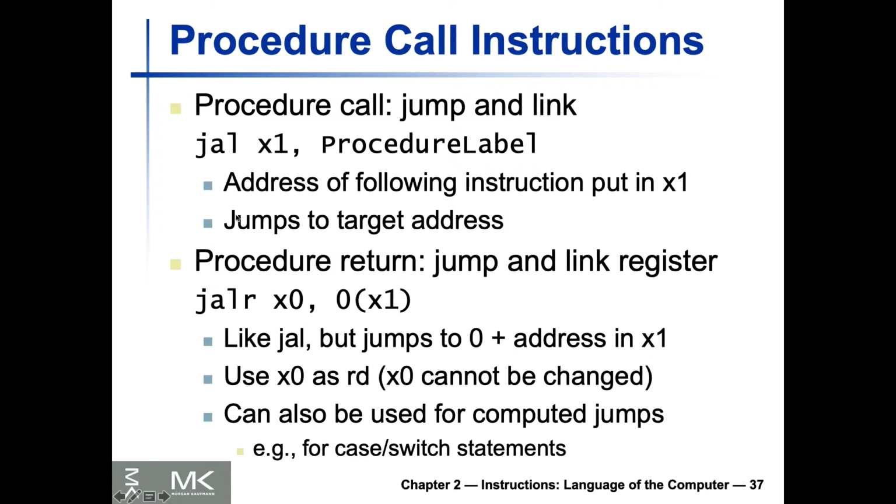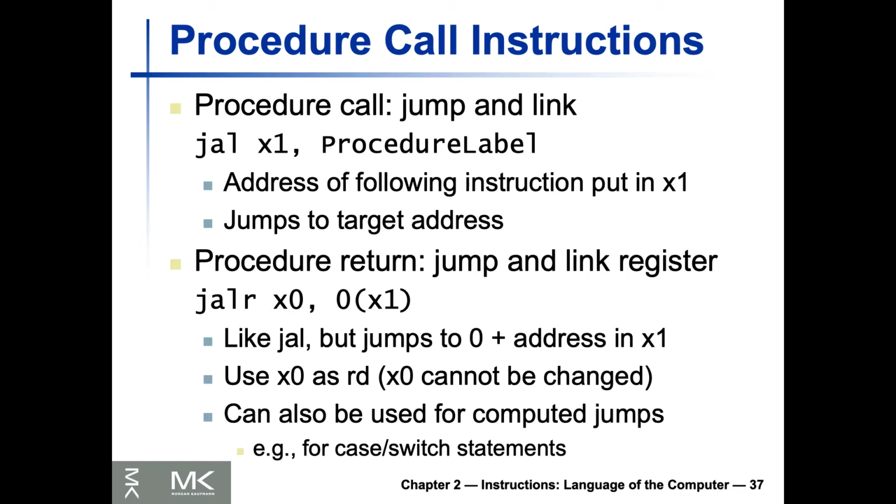Just like JAL calls, we want to return to that call, but it jumps to 0 plus the address in X1. In this case, the operation is going to use X0 as the destination register, and X0 cannot be changed. So that's the convention for JALR.